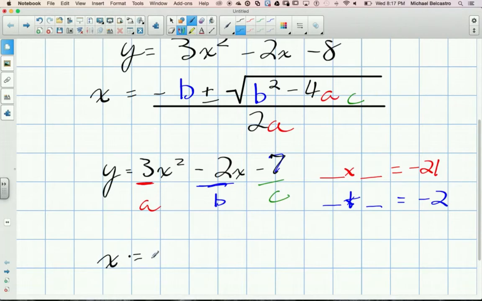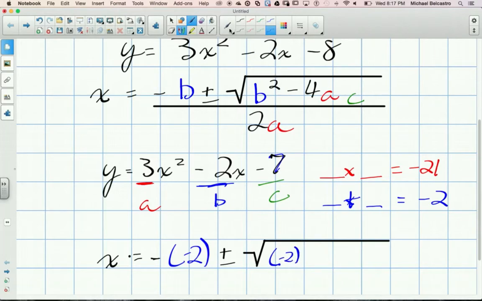So x is equal to negative b. Our b value here is negative 2, so it's negative negative 2, plus or minus, and I'm going to talk about why it's plus or minus after. The square root of b squared, where b is negative 2, so we square it, minus 4 times a, where the a value is 3, and the c value is negative 7.